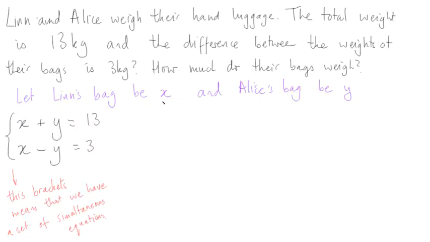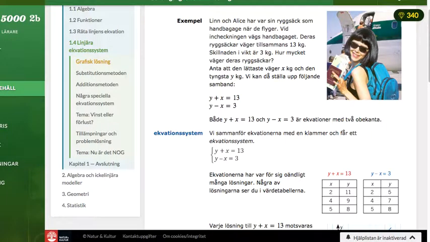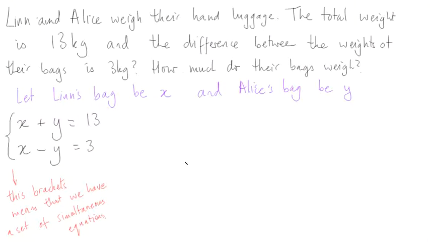We can try different values of x and y and then find the values that agree for both of these equations. Or another way of saying this is, these are both straight lines, we could plot the straight lines on a coordinate system and find where they meet, and the x and y values where they meet will be the solutions of the equations.